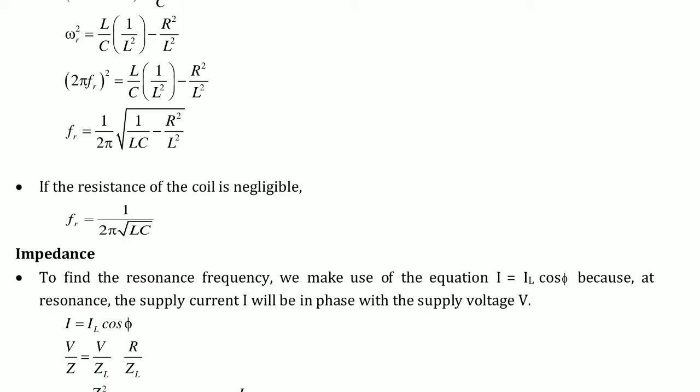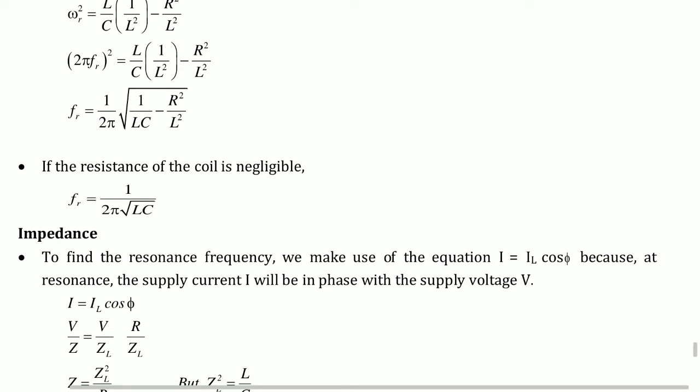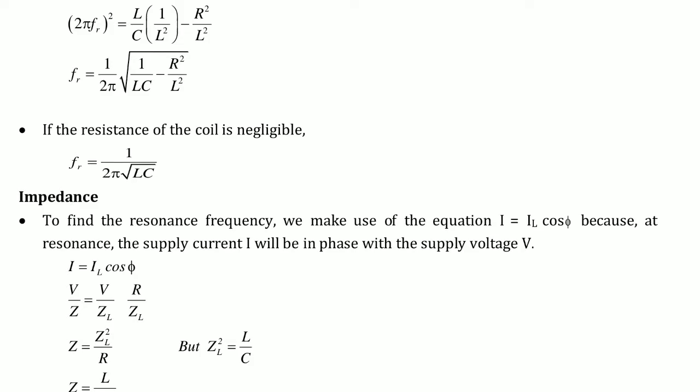So we can write I is equal to IL cos phi. Here I is equal to V by Z, IL is nothing but V by ZL, and cos phi is nothing but R by ZL.